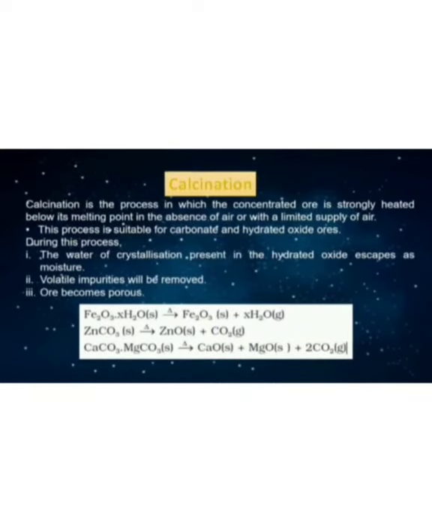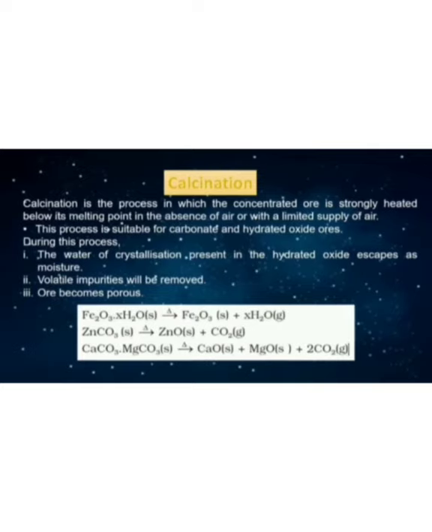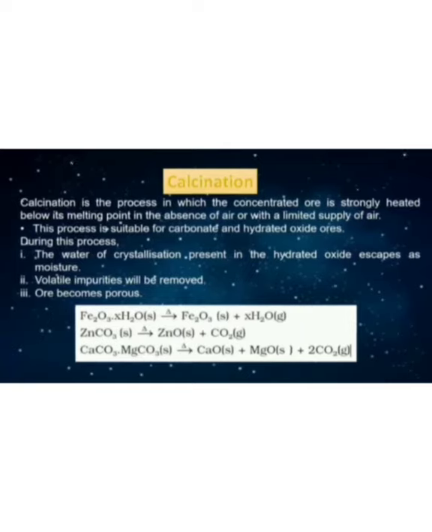Let's see about calcination. Calcination is the process in which the concentrated ore is strongly heated below its melting point in the absence of air or with a limited supply of air.